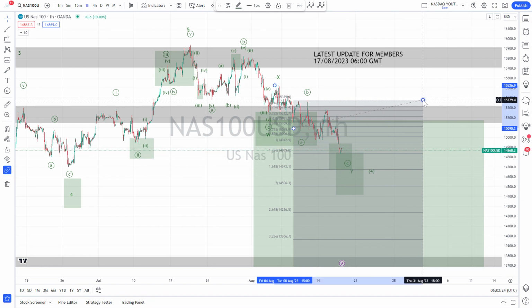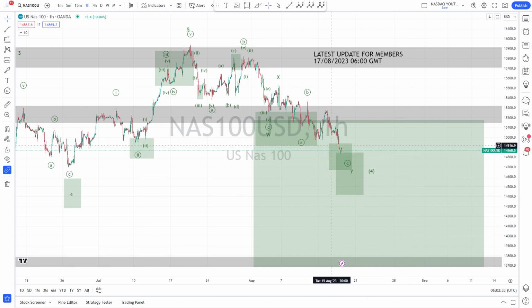So from here we can expect reversal. I know this is still quite a big area. Could be that we are finished here. Could be that we go deeper into this area.